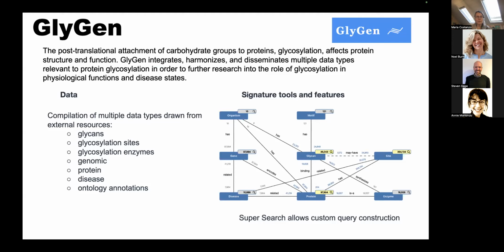So it's really important to understand glycosylation, and this DCC has compiled lots of data relevant to glycosylation from many different sources and gathered it all. And they have what they call a super search, which is very versatile, that allows you to make very detailed custom queries.